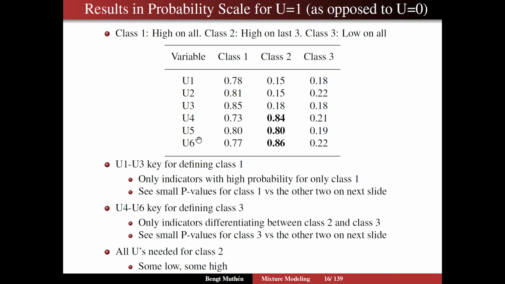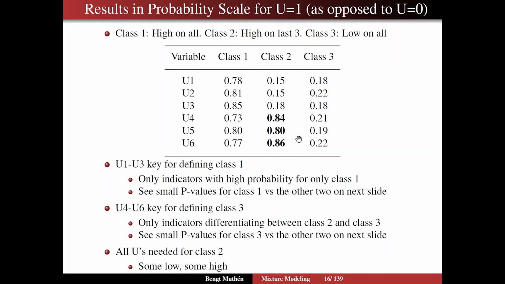Whereas U4 through U6 are high also in class 2. So the first 3 are key for defining class 1. U4 through U6, the last 3, are key for defining class 3, is what I claim. Not class 2, but class 3.